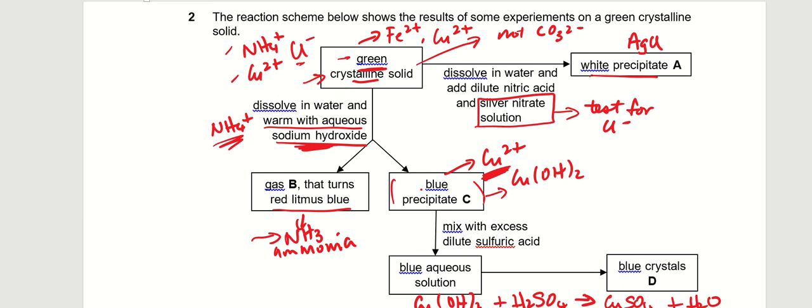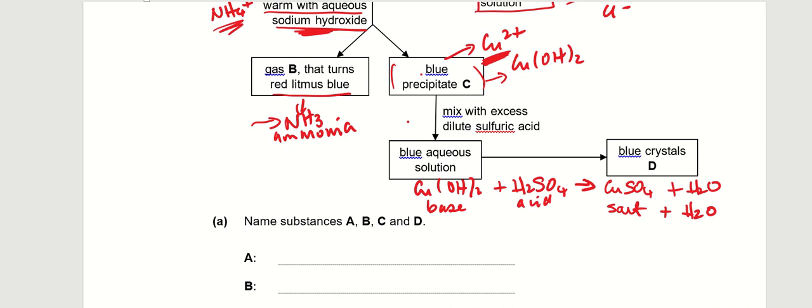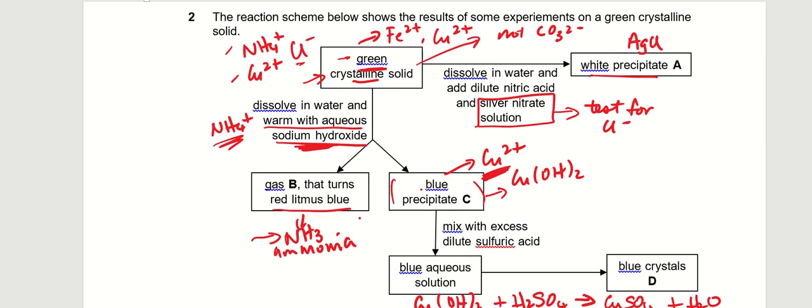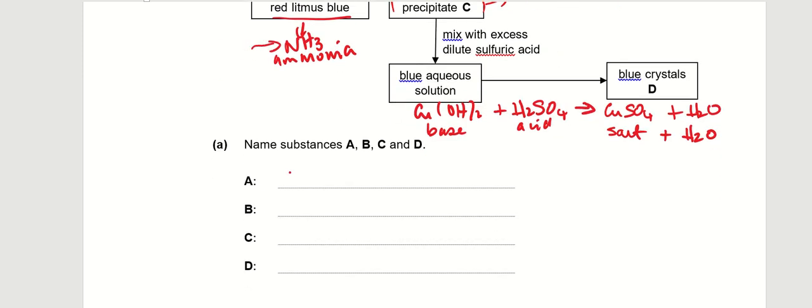Well, fortunately for us, we don't really have to worry, because we are not asked to identify the name of the green solid, but we are asked to identify everything else. So let's write down all the names of the substances A, B, C, and D. A is the white precipitate, and we know that it is silver chloride, with the formula AgCl.